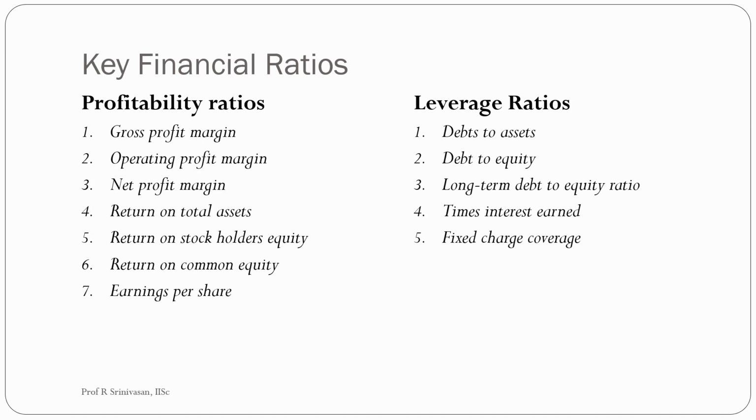So, you are analyzing the operations with respect to a particular year. So, you are looking at profit and loss accounts, and it is with respect to a particular year. Then the fourth ratio that you are looking at is the return on total assets.